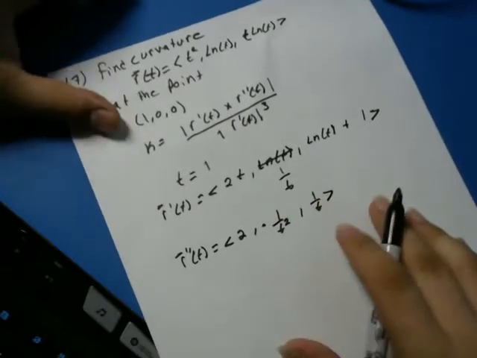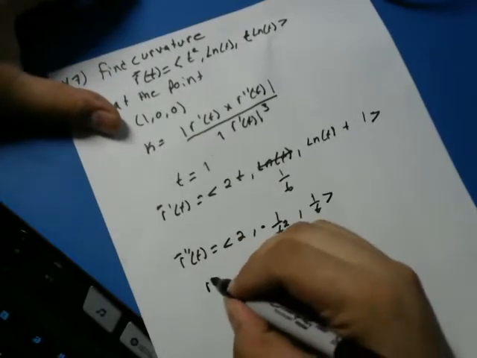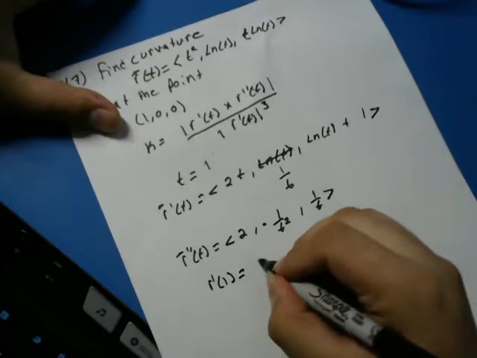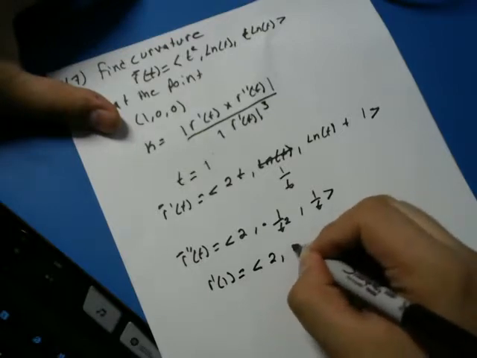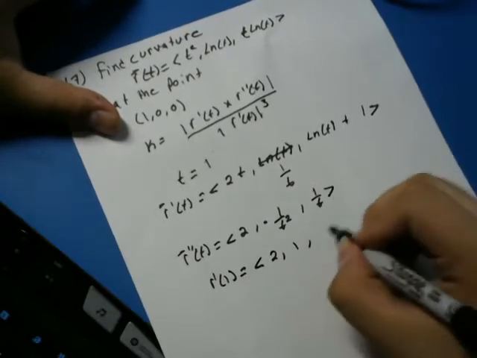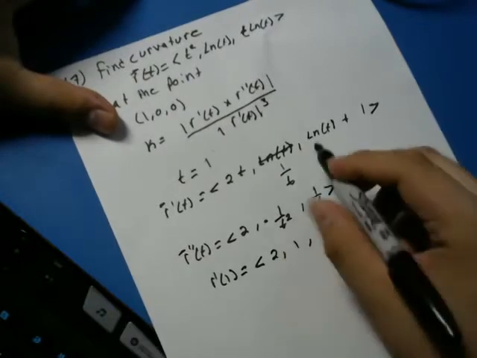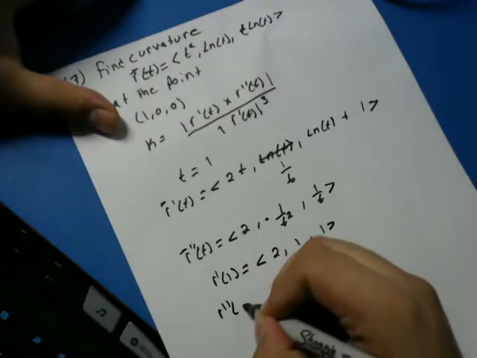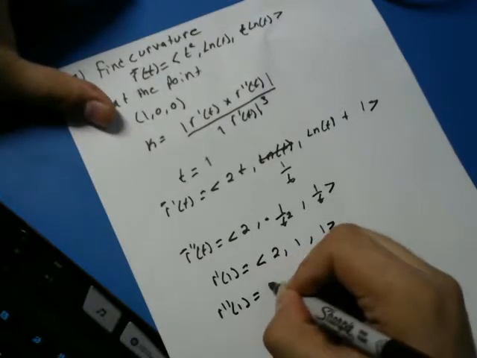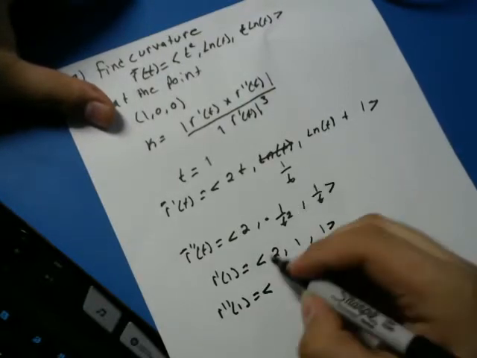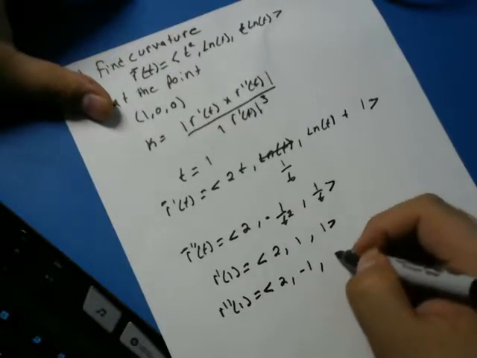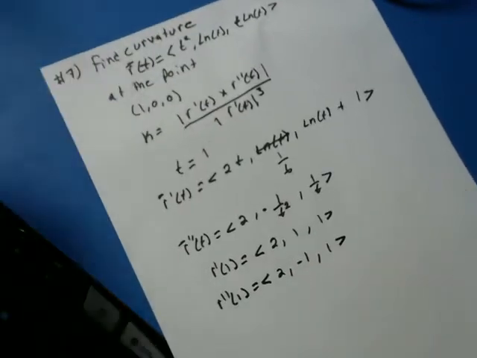So r prime of 1 is going to be equal to (2, 1, 1), plugging in t equals 1. And we're going to have r double prime of 1 equal to (2, negative 1, 1).